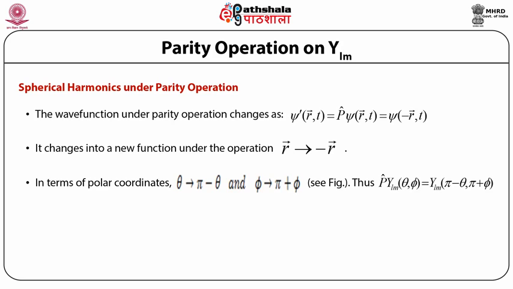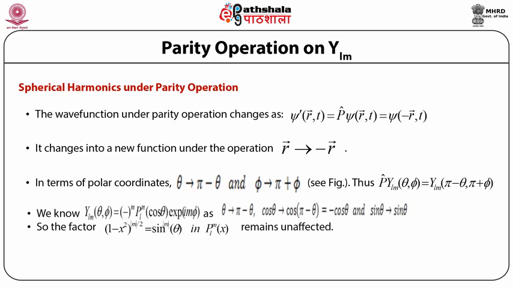Now, we know that the spherical harmonic Y_L^M(theta, phi) is represented in terms of the Legendre polynomial as minus 1 to the power m times P_L^M(cos theta) times exponential of i m phi. Now, as theta goes to pi minus theta under parity operation, cos theta will go to cos(pi minus theta), which is equal to minus cos theta, and sin theta will go to sin theta only.